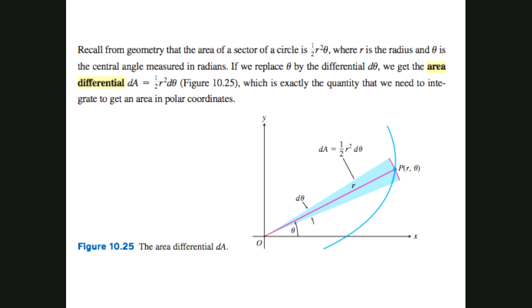The area is going to be 1/2 times radius squared d theta. Okay, and again, this is going to be my r squared as a function of theta. So that is how we're going to find area. And if we want to find area between two curves, it's just going to be top minus bottom, or if it was something like this, it would be left minus right.